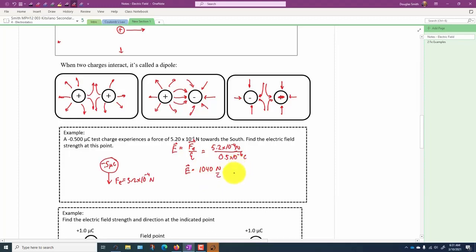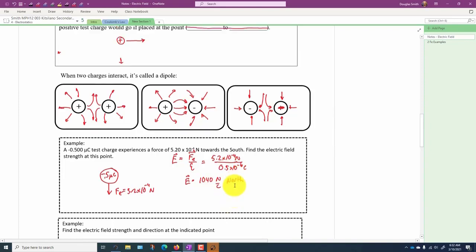And then the question is, what direction is that electric field? If a negative charge is moving downwards, what would a positive charge do? A positive charge would go the other direction. So this would be north. Again, the direction of an electric field is always the direction that a positive test charge would have.